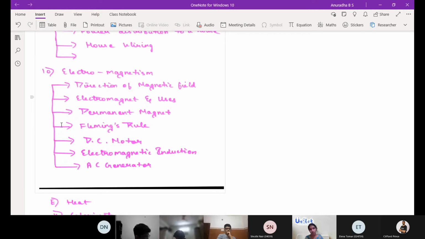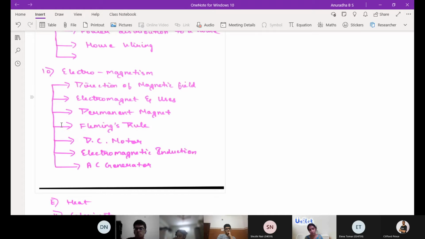You have different types of magnets, that is electromagnets and permanent magnets, and you will be learning about their uses. And Fleming's rule. Did you have Fleming's rule? No, ma'am. Okay. Fleming's rule basically tells you in which direction the current is flowing and in which direction the magnetic field is. So you'll be learning about that also in this chapter.